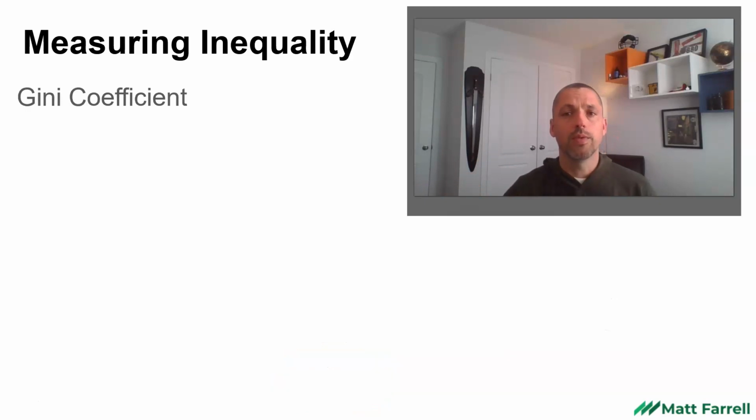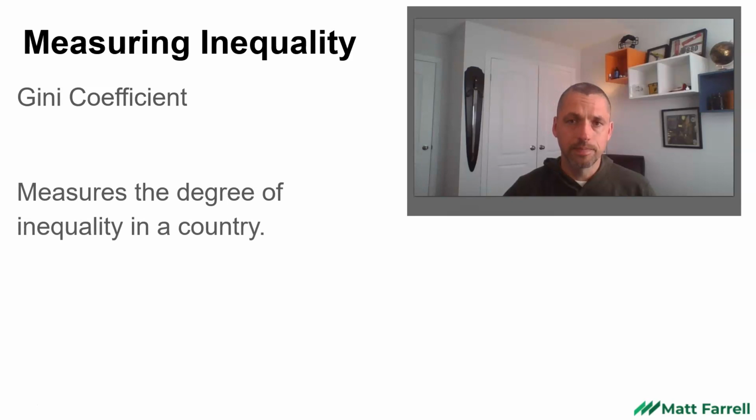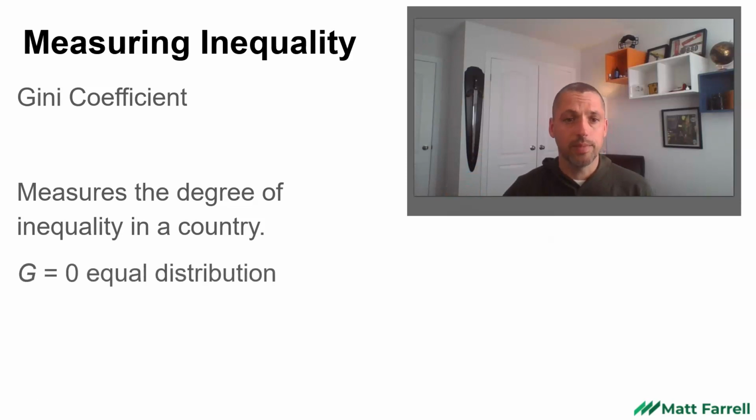Now, one way we can do that is what's called the Gini Index, or the Gini coefficient. And it gives a number that relates to the degree of inequality within a country, or any distribution for that matter. So let's say before that millionaire walked into our restaurant, we had a G equals 0, which was a relatively equal distribution. Pretty much everybody had the same thing.